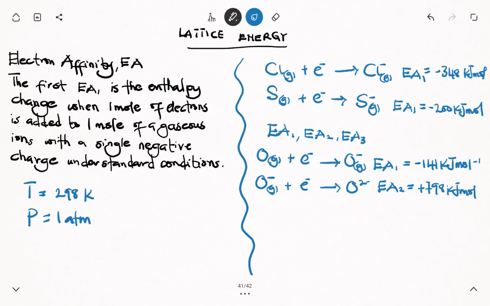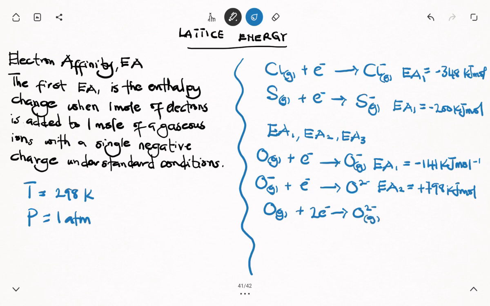Now what that means is that in order for us to form an oxide, we take a single oxygen atom and we want to add 2 electrons to get O2 minus in a gaseous state.